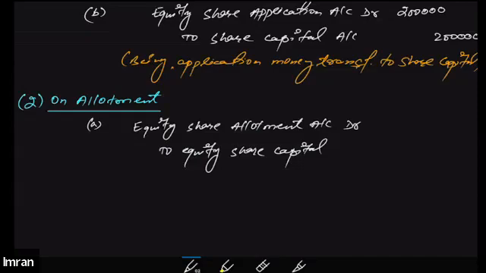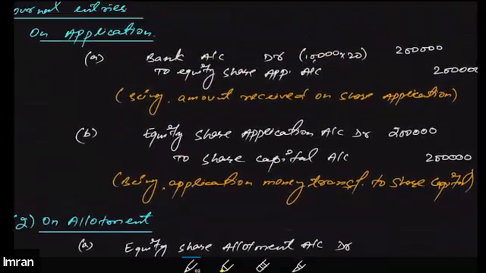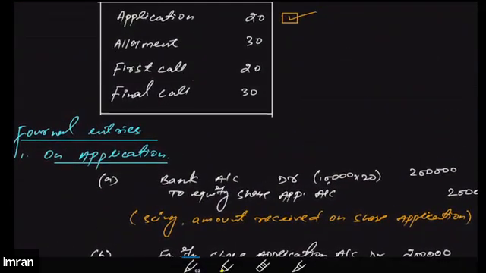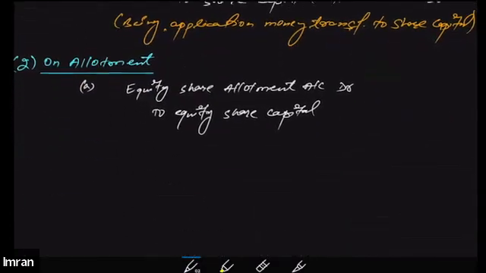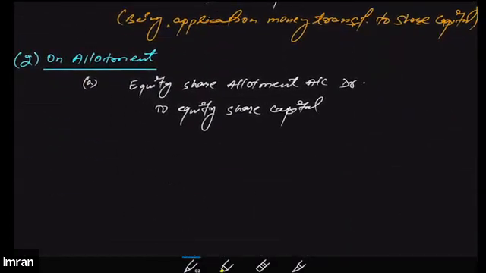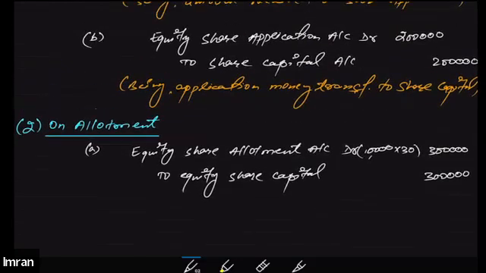We have received how much on allotment? We received 30 rupees on allotment. That means we will be multiplying 10,000 into 30, that means 3 lakhs, right?